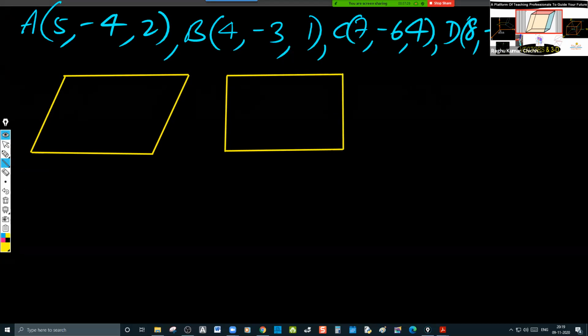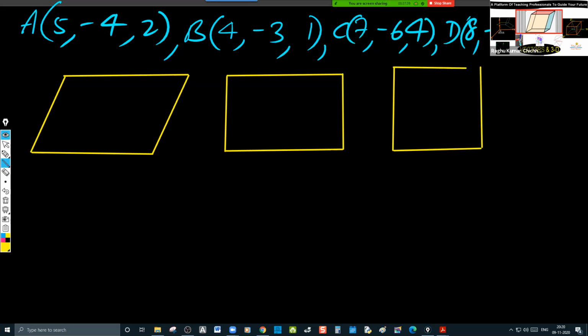The same case holds for a square, but all the sides are equal. For a rhombus, all the sides are equal, but the angle between the adjacent sides is not 90 degrees.